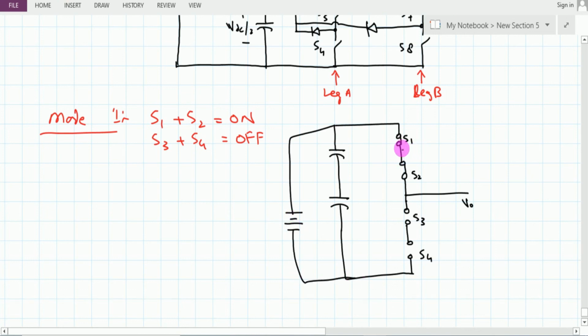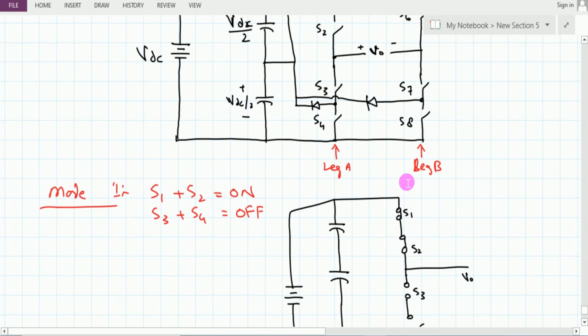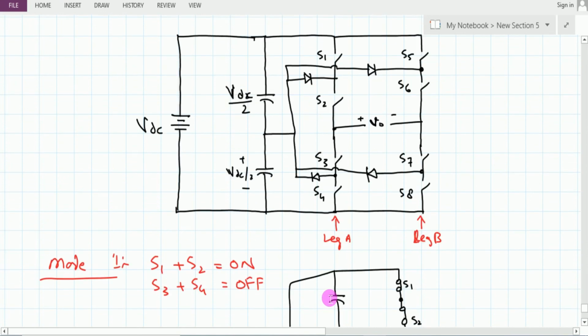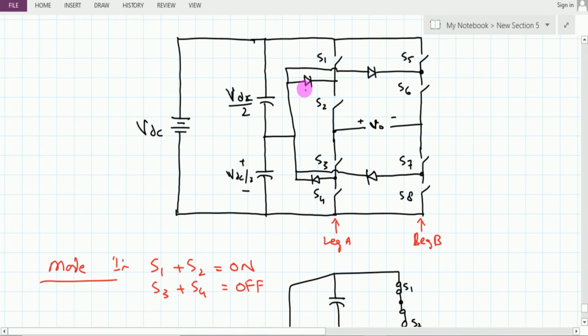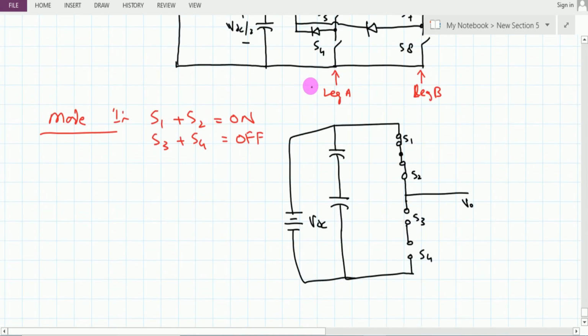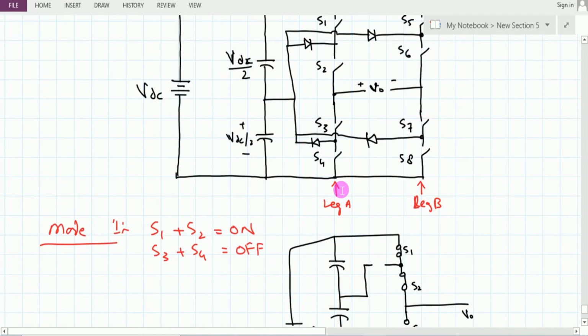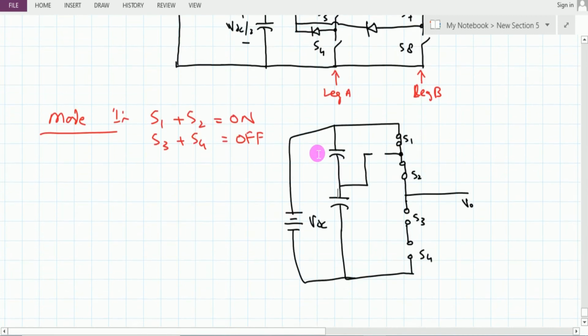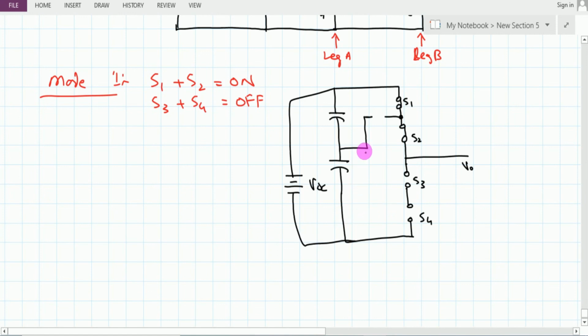When S1 and S2 are on, this particular midpoint is now connected with this VDC, and therefore this diode is off. So this diode is off, it is reverse biased. Also we have this S4, it is also reverse biased, S4 is also off.